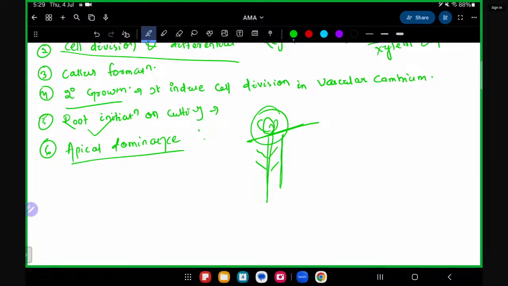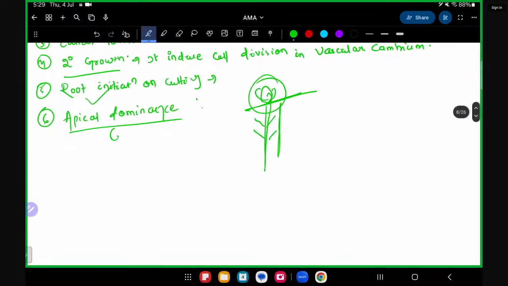And it is used to promote what? Branching. Right. It is used in hedge making and tea plantation. Here the shoot tip is removed, which induces the growth of lateral buds, and it also promotes branching.